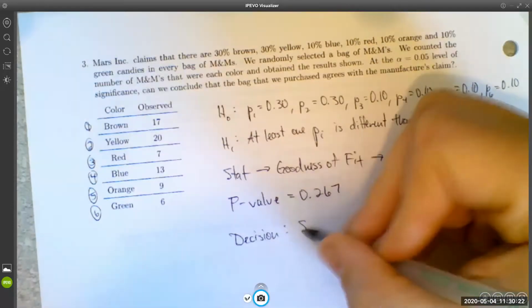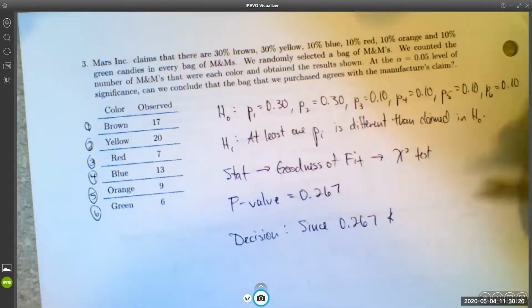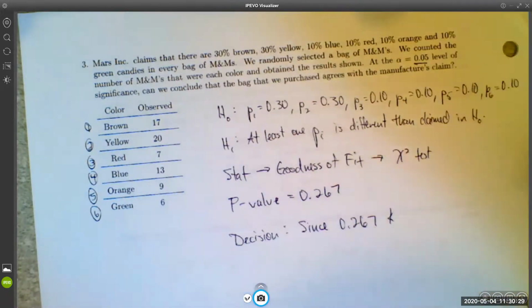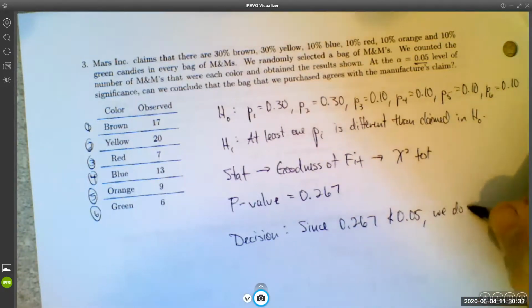Okay, since 0.267 is not less than 0.05, we do not reject.